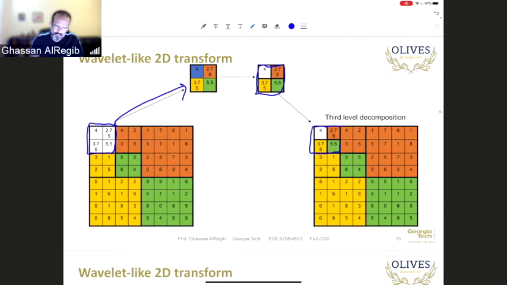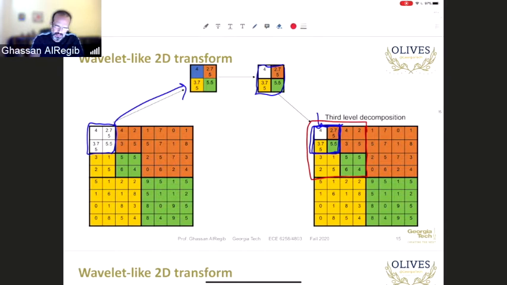It is replacing it with the same values. Why? Because for 4 the average, I have 1 pixel, the value is 4. The average is 4, right? And these are the pixel details. So now this level in here is the third level of decomposition.